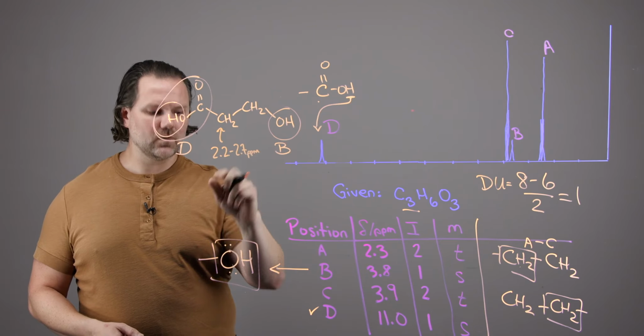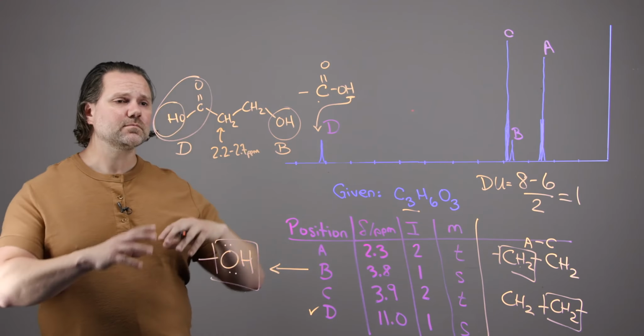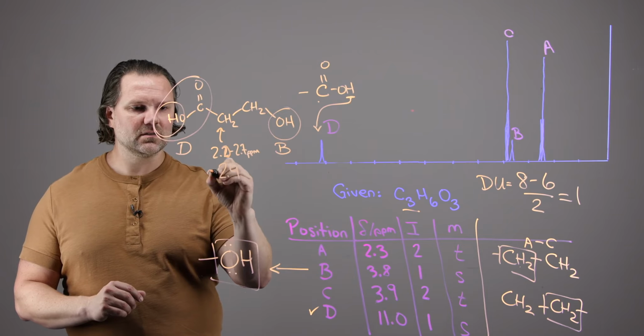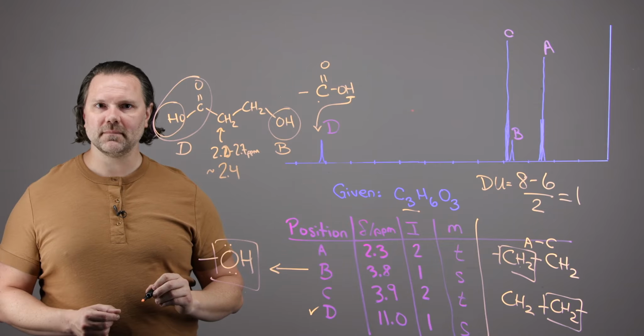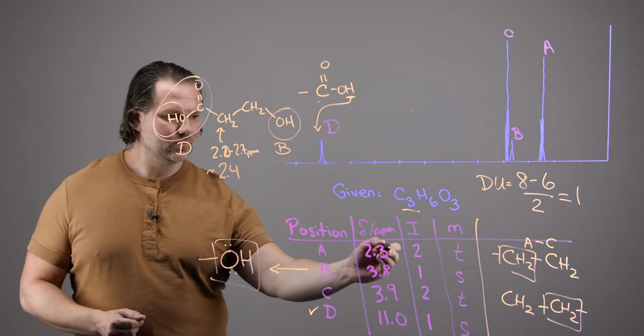It could be as low as 2.0 if it was a CH3 group. Given that it's a CH2, I'm going to expect it's going to be in the middle of 2.0 to 2.7 at about 2.4 ppm. What does that match on our table? Right there, this is signal A.